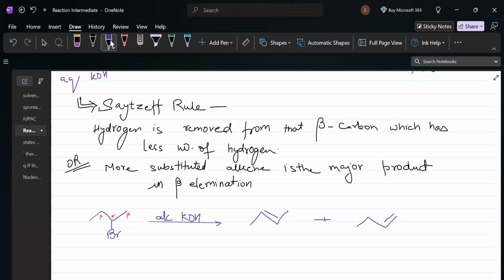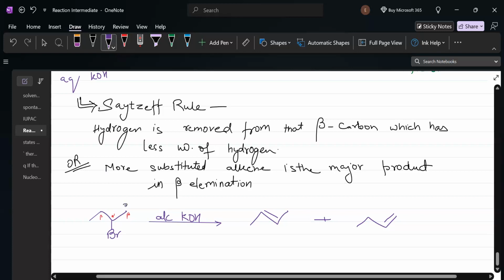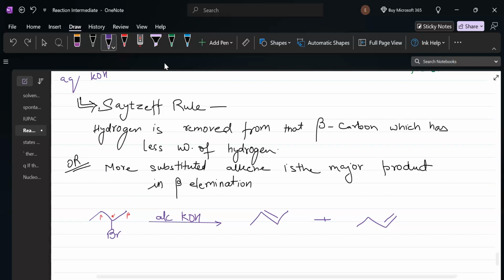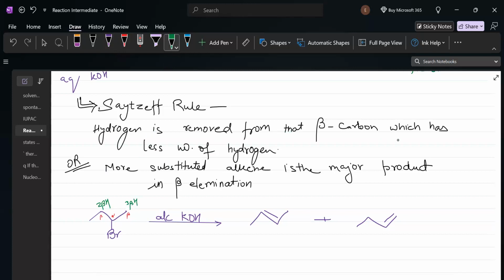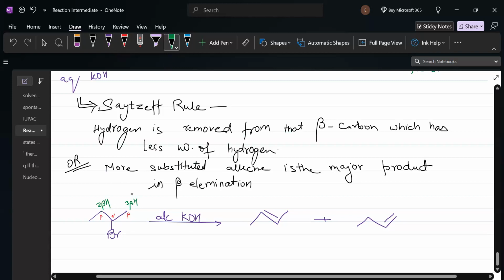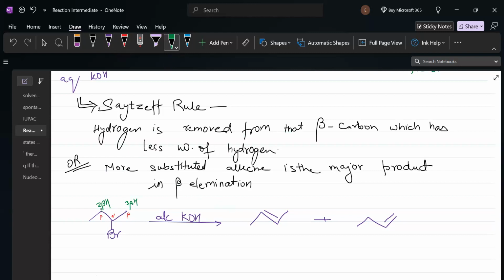Here three beta hydrogens are present, and here two beta hydrogens are present. By definition, the hydrogen is removed from that beta carbon which has the lesser number of hydrogens. So hydrogen will be removed from this part.